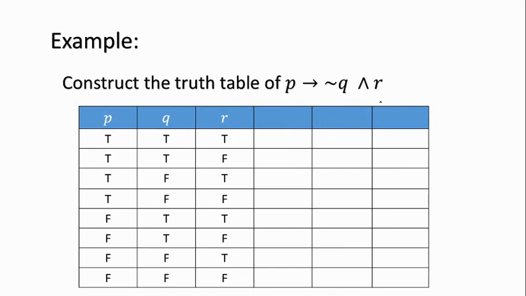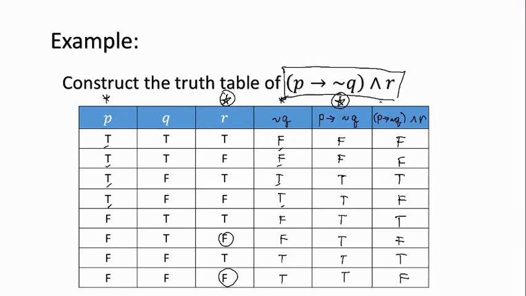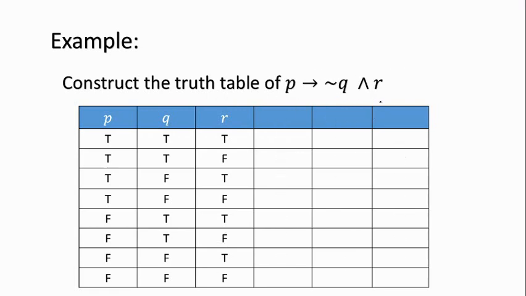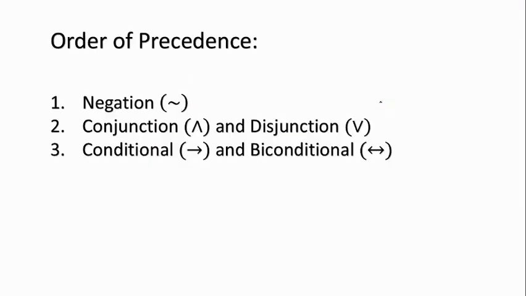Now, what if we don't have the grouping symbol as was present in the previous example? What do we do? There is actually an order of precedence that needs to be followed when there are no grouping symbols or delimiters shown.